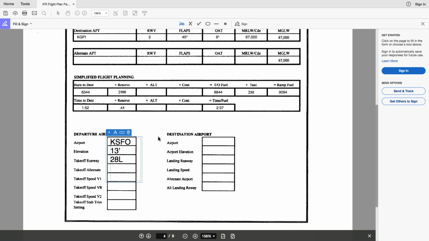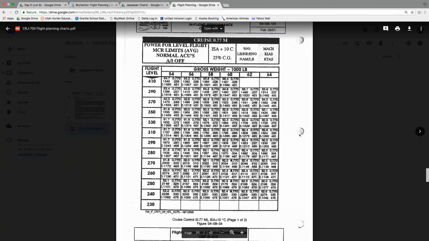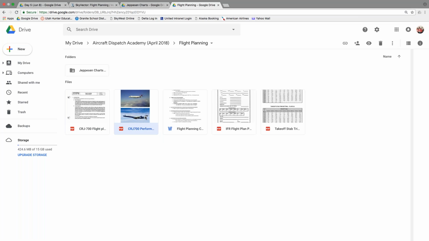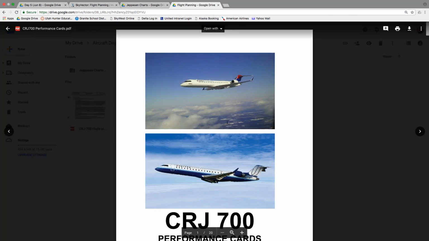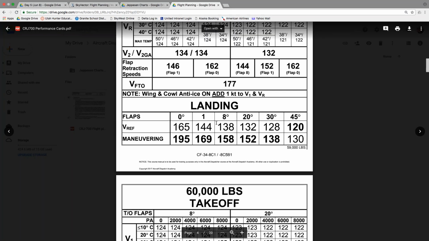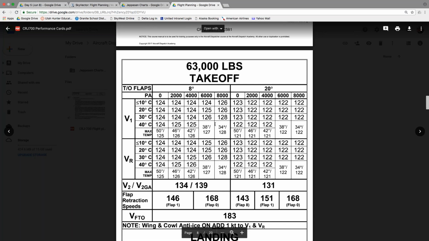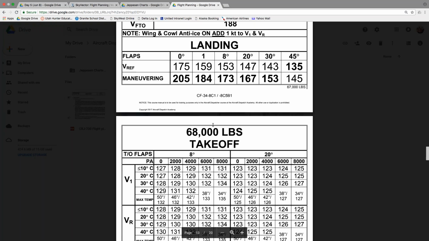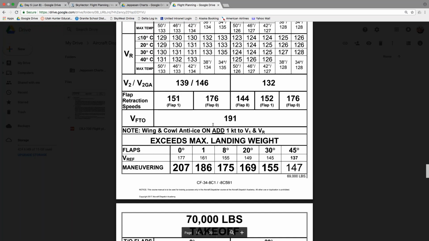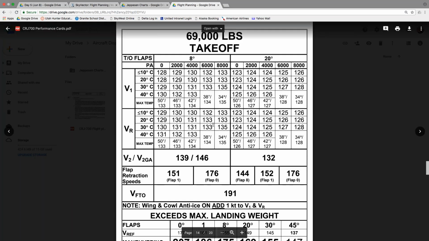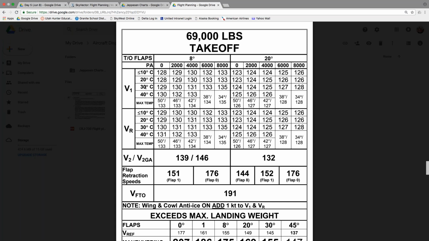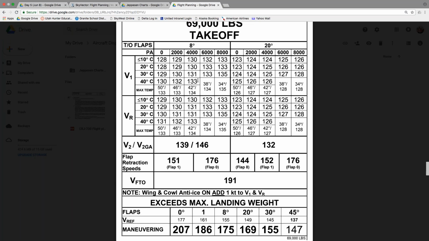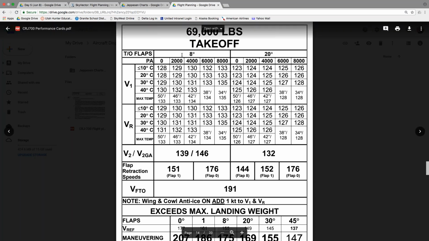So let's go over to these charts right here. I got the pretty airplanes on the front. What was our takeoff weight? 69,000 pounds, approximately. 68,870. Okay, for this class, we're taking off with flaps 8.